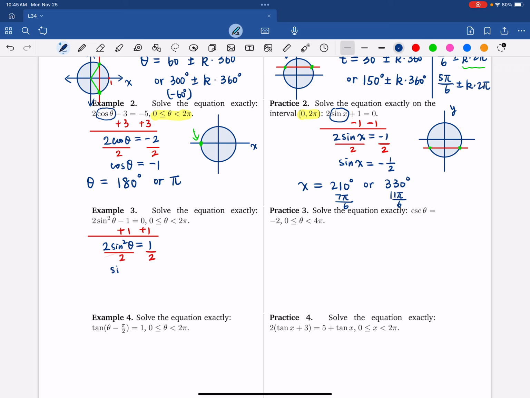We obtain sine squared is 1/2. And we're going to take a square root on both sides. Using the square root property, you will get sine of theta is plus minus square root of 1 over 2. And if you simplify, it's going to be plus minus square root of 2 over 2.